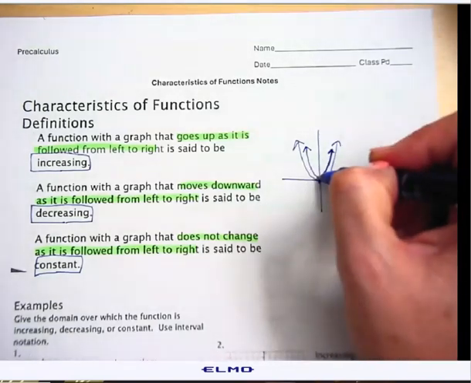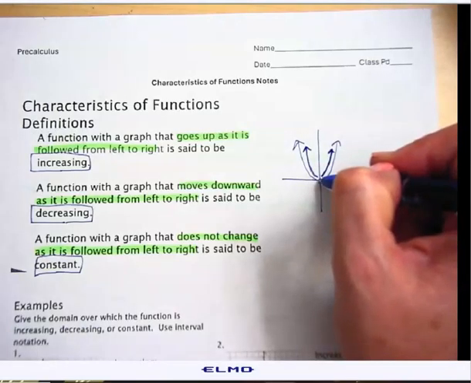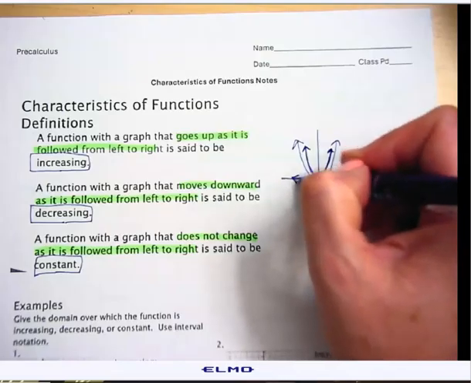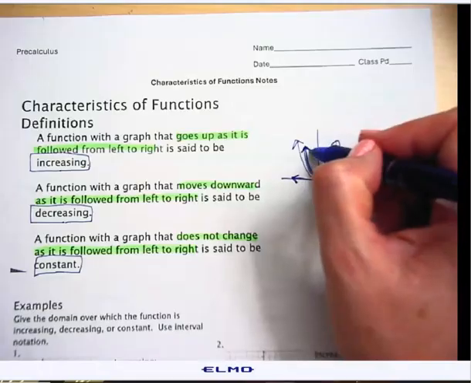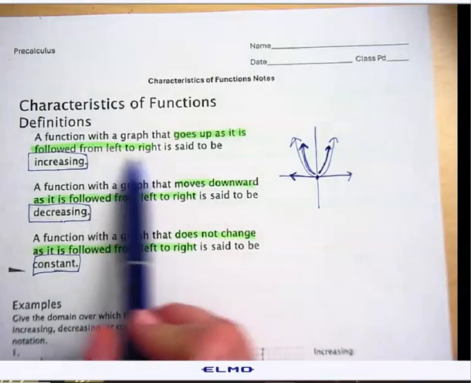But from here, in order for the y's to be increasing, I would have to be following my x's from right to left, right? So as the x's go to the left, the y values are going up. So we have to distinguish one direction so that we're all having the same conversation about the behavior of the y's. So that's why it specifies from left to right.